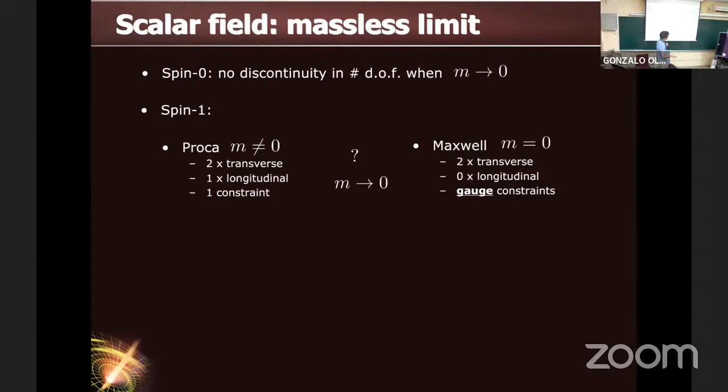But for Maxwell theory, which takes mass identical to 0, you only have 2 physical degrees of freedom, and the other is just gauge constraints. So it's not very clear how you do the massless limit if you want to have a proper regularization scheme using the adiabatic method.